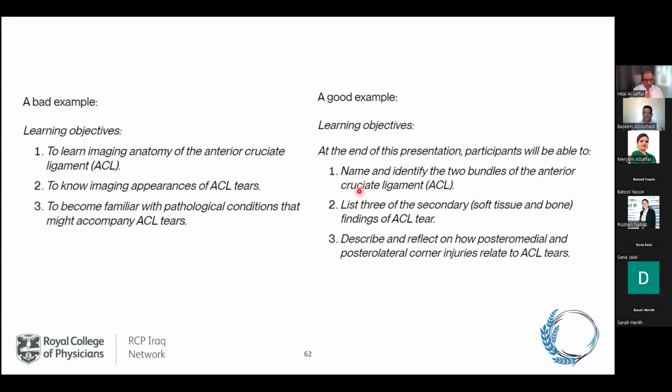They should be changed in this form. Name and identify the two bundles of the anterior cruciate ligament. List 3 of the secondary soft tissue and bone findings of ACL tear, and describe and reflect on how posteromedial and posterolateral corner injuries relate to ACL tears.